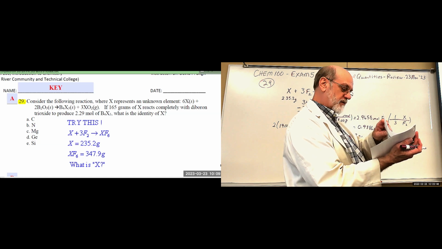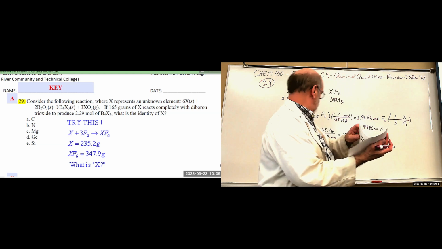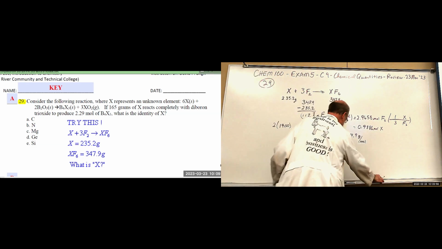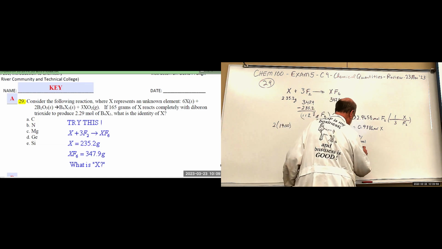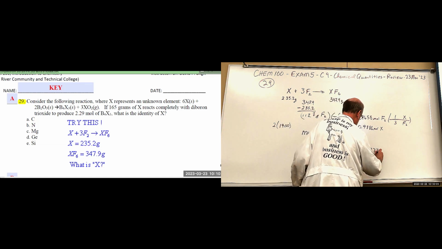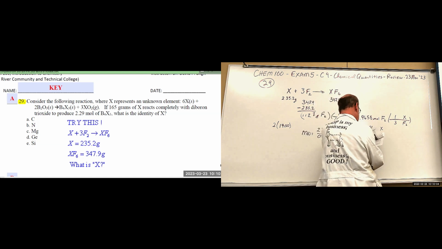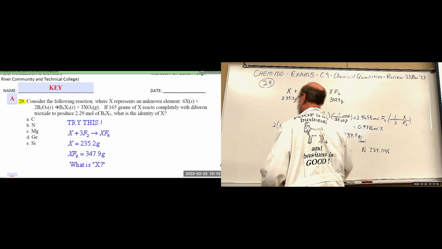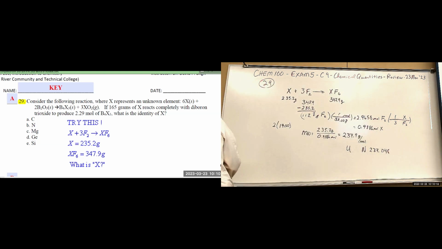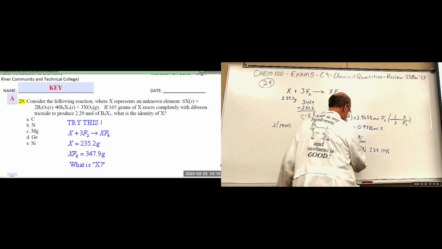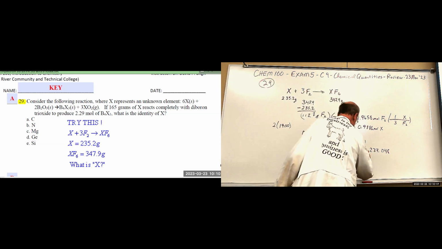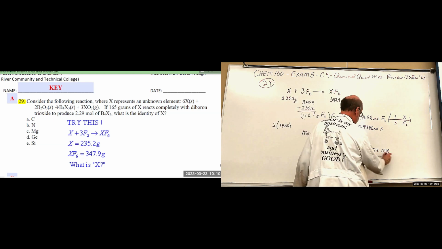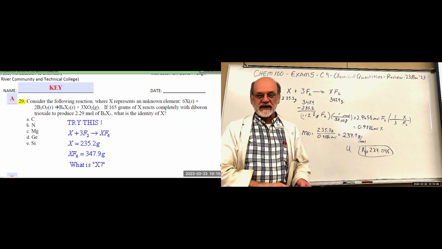Oh, excuse me, not plutonium, neptunium. Actually, neptunium is 237.048. It's not plutonium. Neptunium is 237.048. Yeah, I think this is it. Excuse me, that's nitrogen, that's neptunium, Np. So I think that is our element, neptunium.